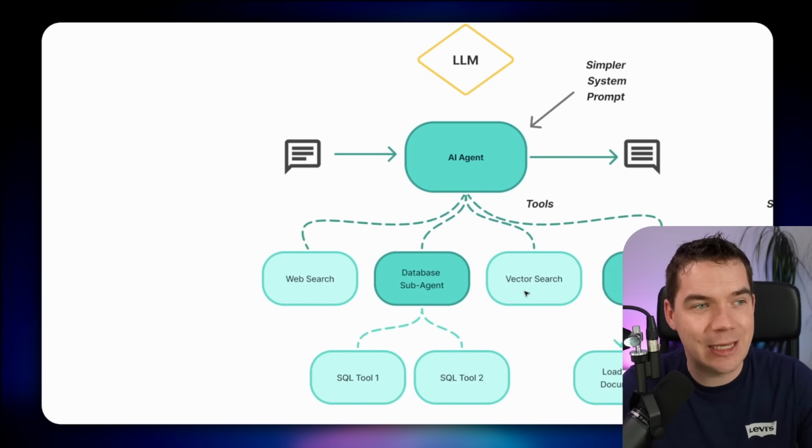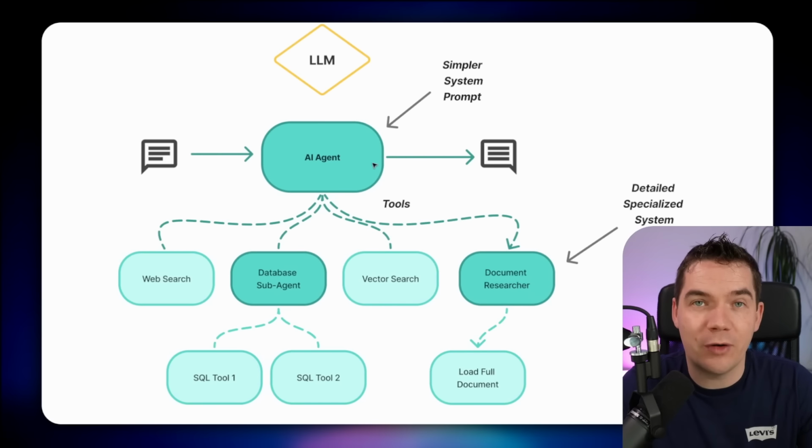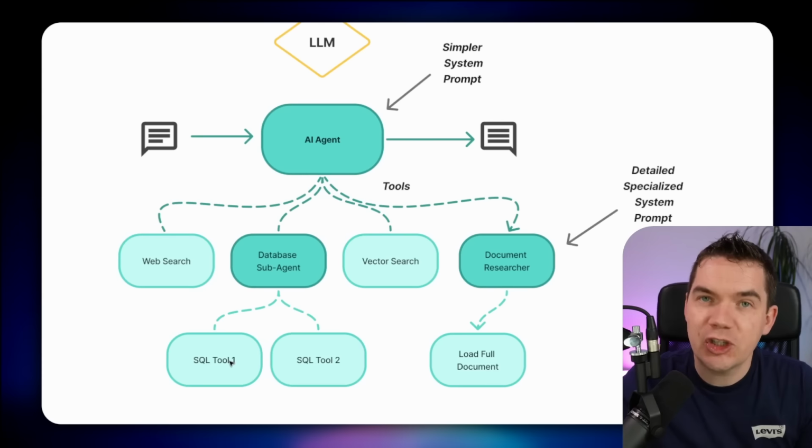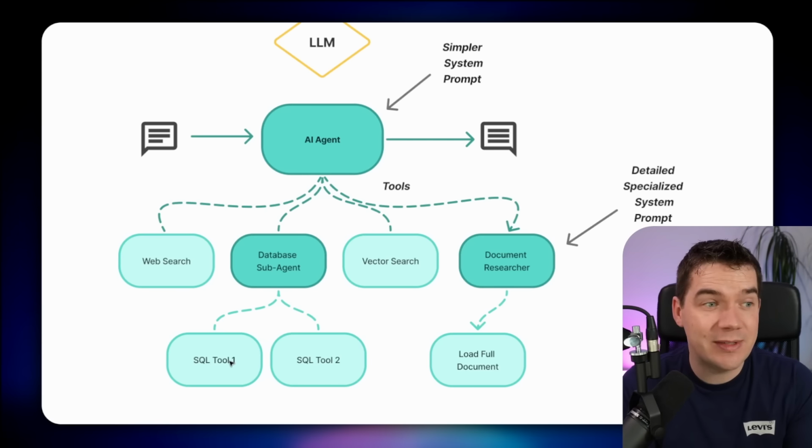So here we can simplify the system prompt of our agent and farm out some of those responsibilities to sub-agents. So if we're looking at our database example, you could have a database sub-agent who has numerous SQL tool calls. And sometimes these SQL queries can be incredibly complicated.